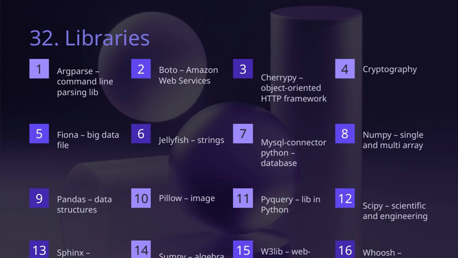Finally, argparse is a command-line parsing library that makes it easy to create user-friendly command-line interfaces. Altogether, these libraries highlight how rich and versatile the Python ecosystem is, enabling us to tackle a broad spectrum of projects efficiently. This diversity is what makes Python such a powerful language for developers across different domains.